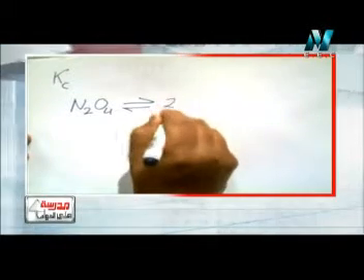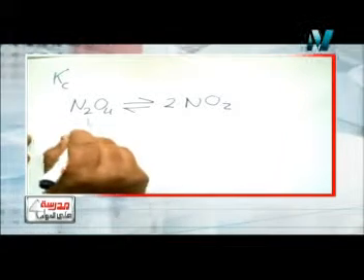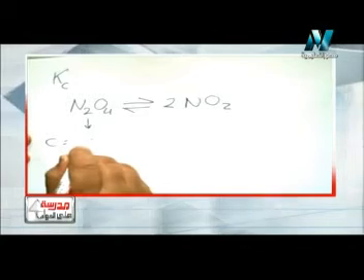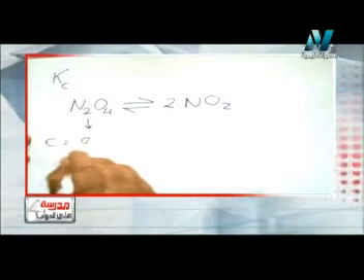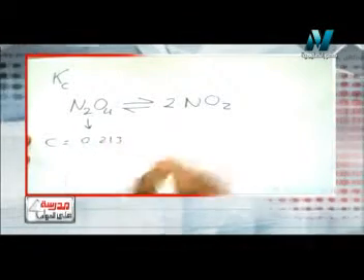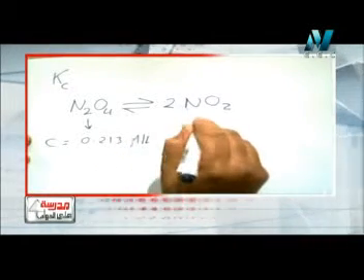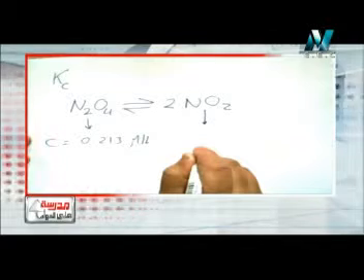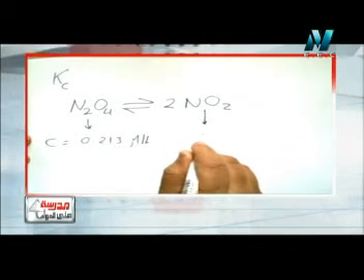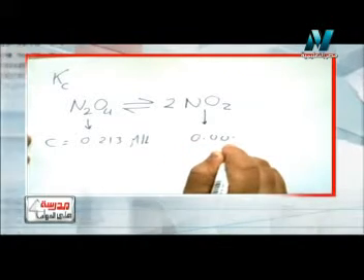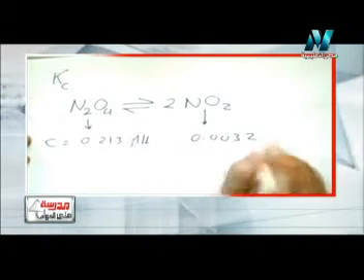The concentration of N2O4 equals 0.213 mole per liter, and that of NO2 equals 0.0032 mole per liter.